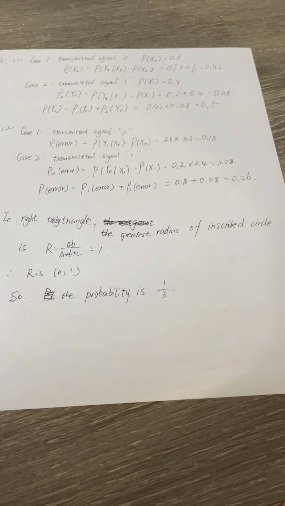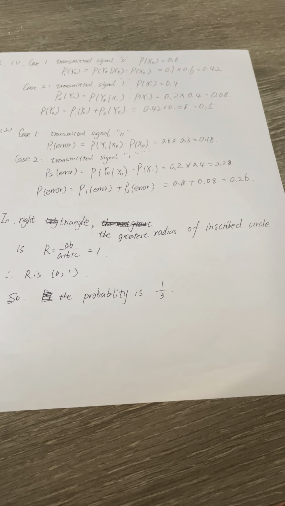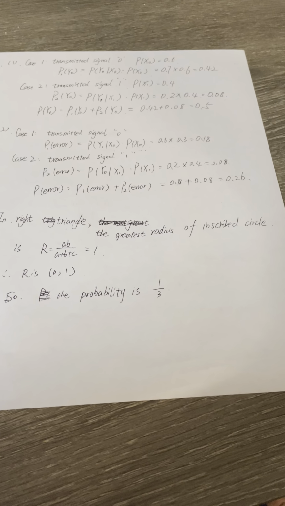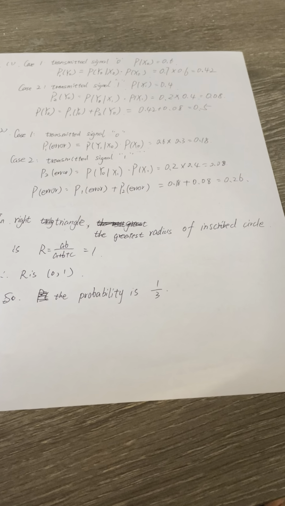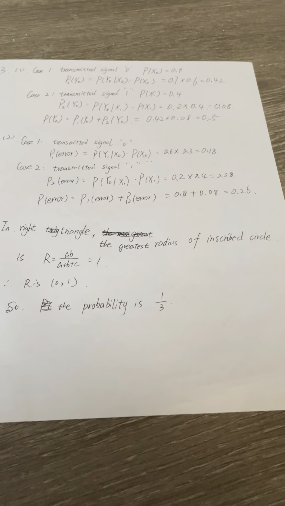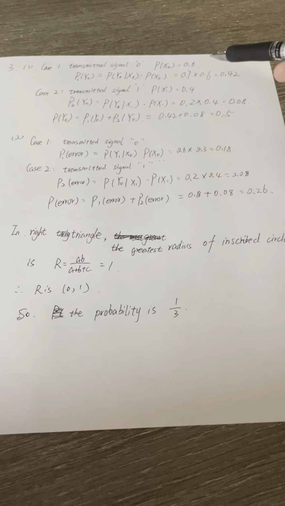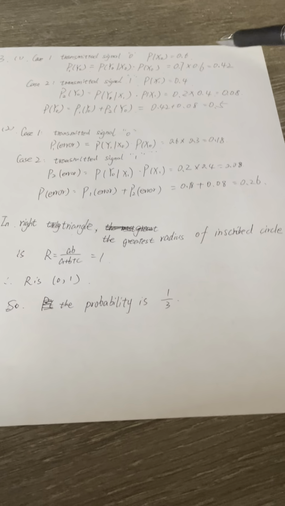So in case 1, I denote the probability of transmitting signal 0 as x0. The value is 0.6.